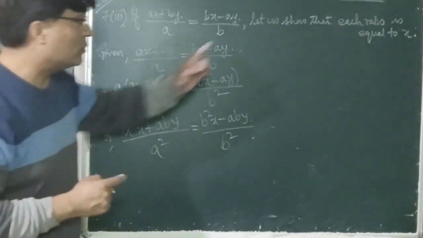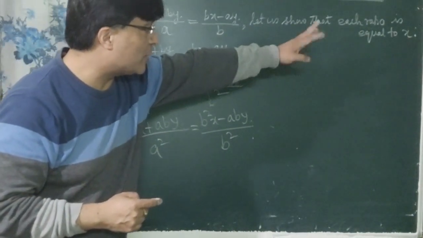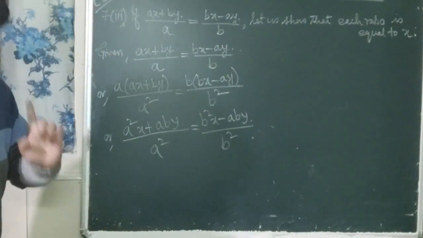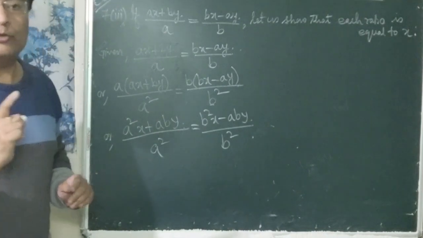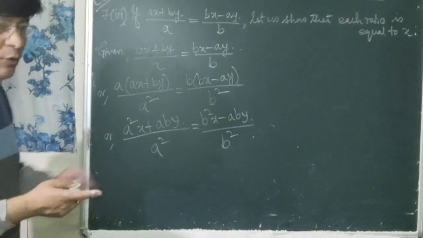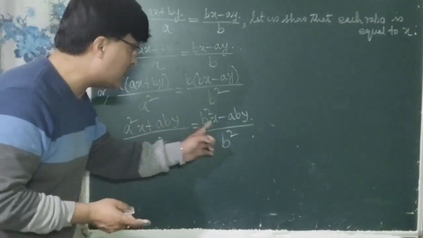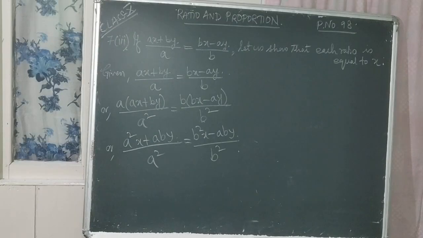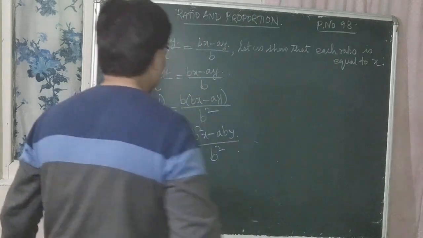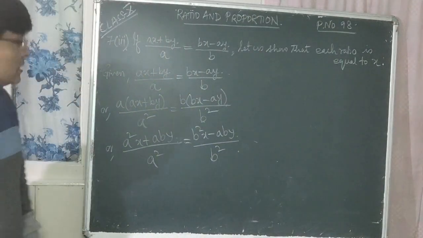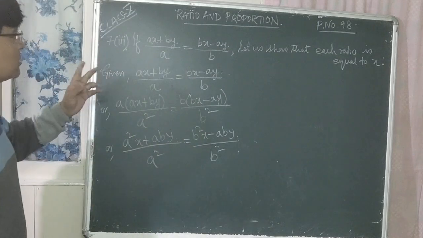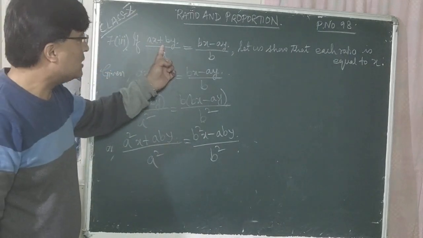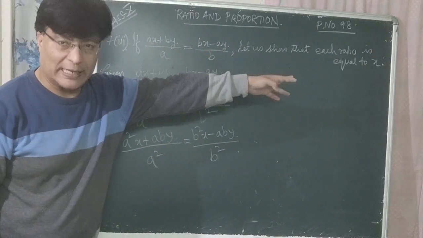So now what will you do? You have to prove that each ratio is equal to x. Now in this case, you can use addendo. So you know addendo. By addendo, we can write down that each ratio is equal to... So in this case, you have to use addendo, because you have to prove that each ratio is equal to x.